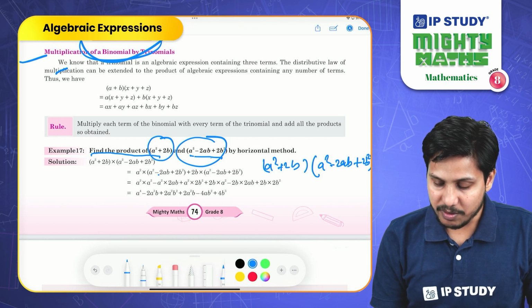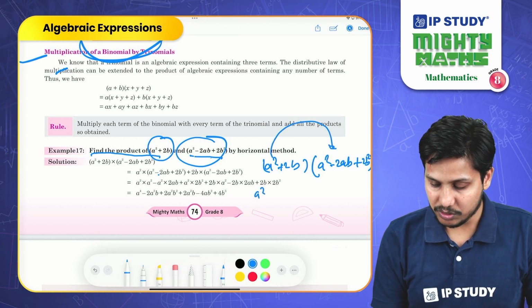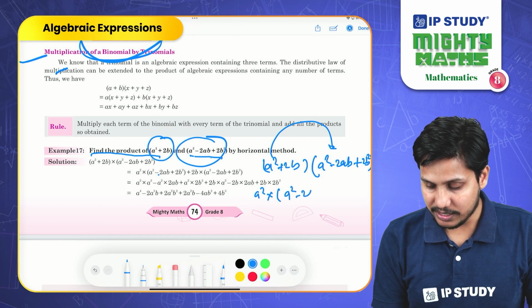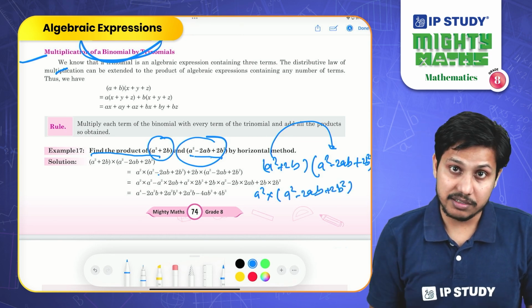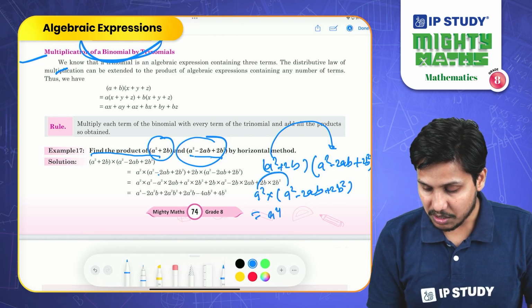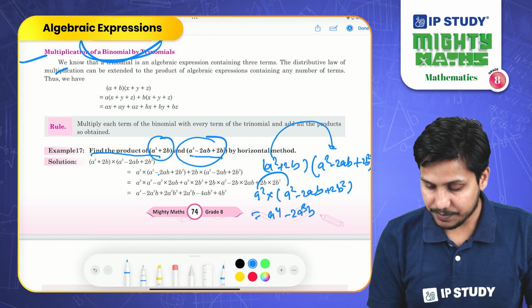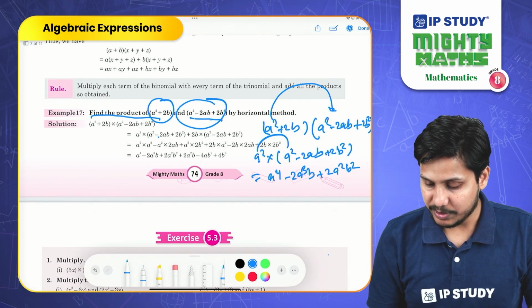First of all, we'll multiply a square with this expression. So a square times a square minus 2ab plus 2b square. It will be a raised to the power of 4 minus 2a cube b plus 2a square b square. So this is the first expression that we have got.